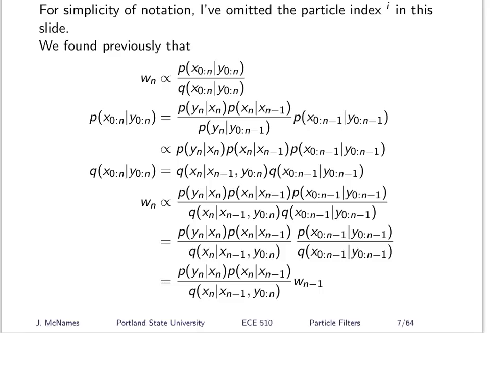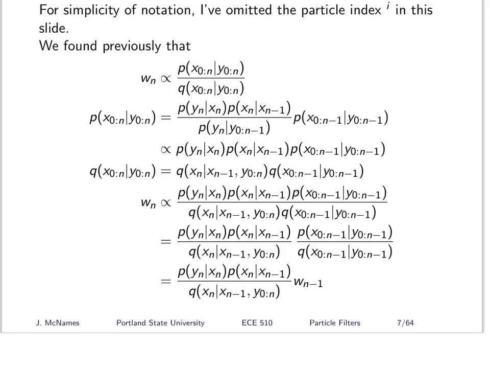And so if I drop that normalizing constant, then this is proportional to the likelihood, the prior, and what it was at the previous time step. It's recursive. It's a really nice way of updating the joint posterior. The joint posterior is equal to these two terms times what it was at the previous time sample.